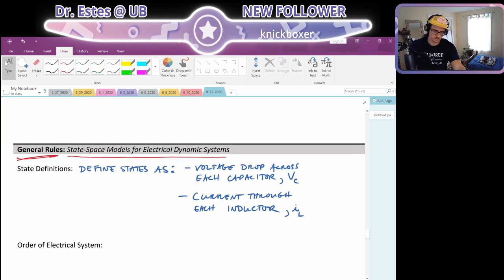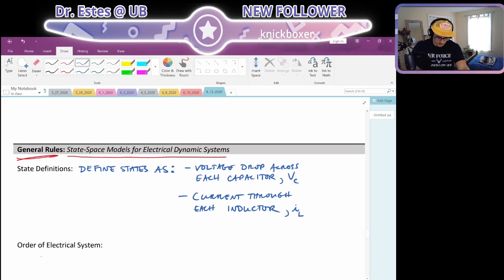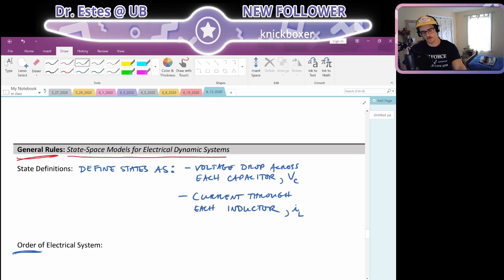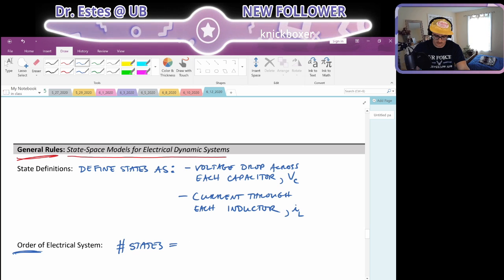So this is kind of cool. You can determine the order of an electrical system just by counting the number of capacitors and inductors. Because remember, the number of states has to be the same as the order of a system.